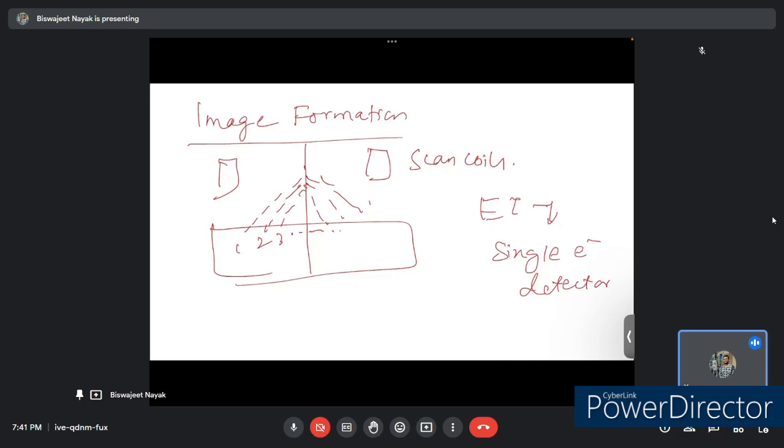Whatever parallel acquisitions are done, they are not the true image, as we are recording it and afterwards we are seeing it.